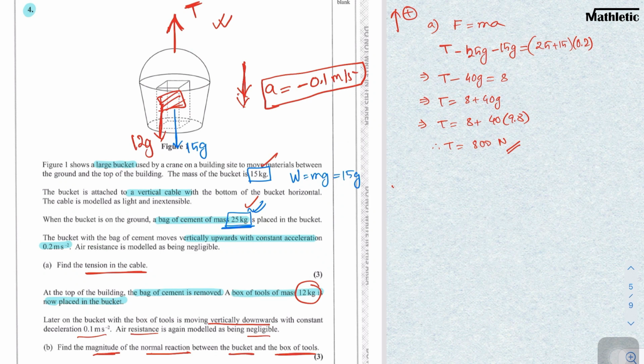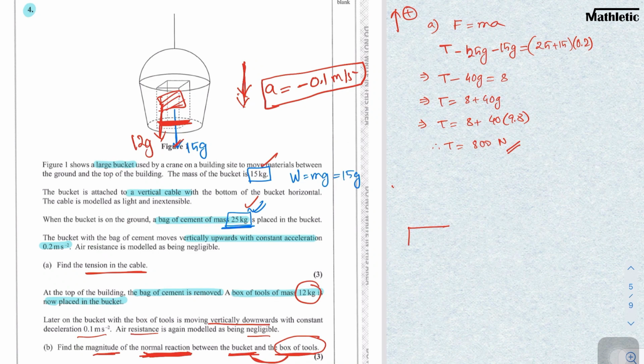We need to calculate the magnitude of the normal reaction between the bucket and the box of tools. For part A, we considered the entire thing, so that's why we had to include the tension and all. But now we will be just working with the box of tools, because we need to calculate the normal reaction force between the bucket and the box of tools. So we have a contact force here.